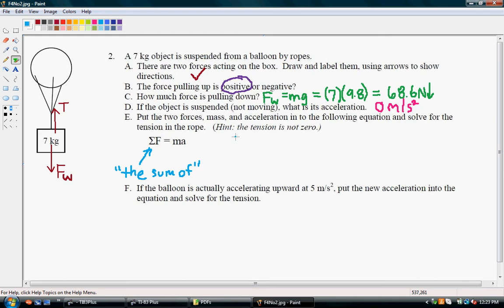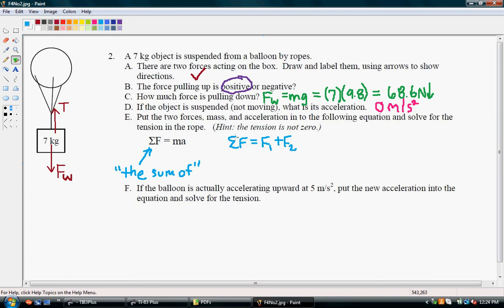We also know that the sum of the forces is equal to F1 plus F2 plus however many forces we have. Now we're dealing with the y-axis here because our forces are going up and down, and we happen to have two forces. So we only need force 1 and force 2.